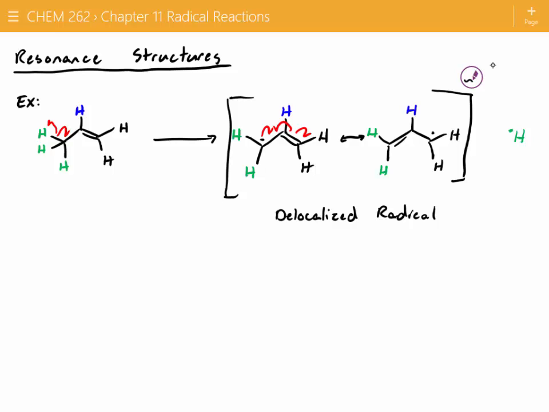If you remember back to our section on resonance structures, it's not that it's constantly flipping back and forth. It's more of a hybrid between the two. And in this case, that means that the left and right carbon have to be sp2 hybridized in order for this delocalization to occur.